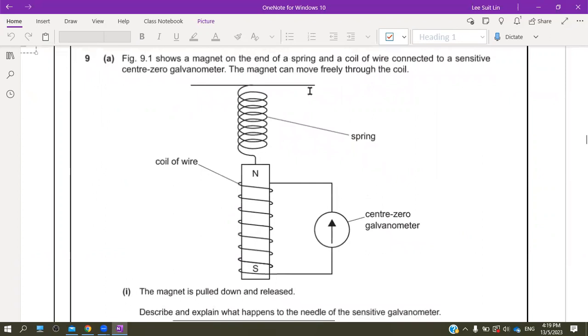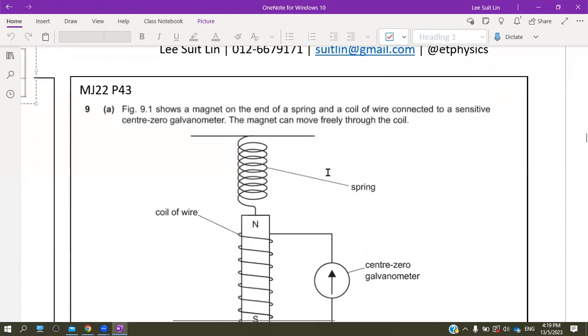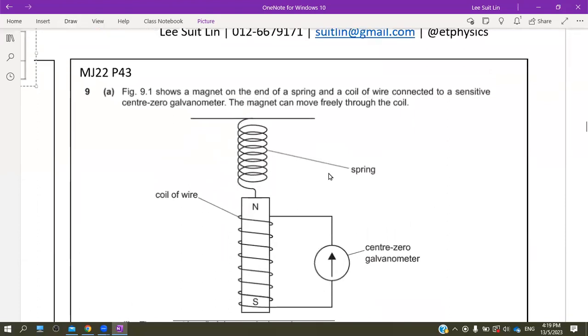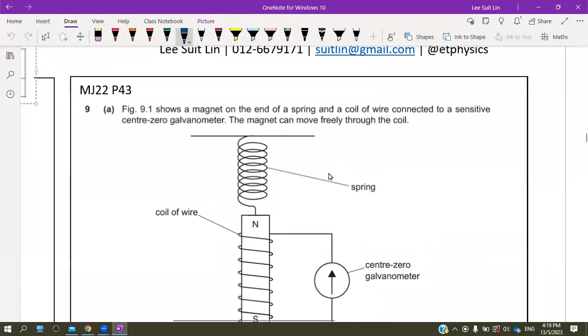What that means is the magnet won't suddenly get stuck, or rather there is no significant amount of friction. So the magnet is going to be able to move freely up and down like so. I'm going to pull it downwards.